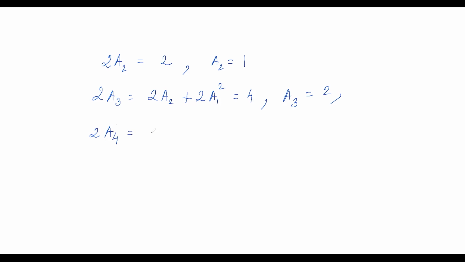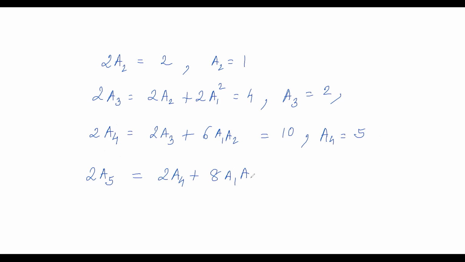So 2a4 will be equal to 2a3 plus 6 a1 a2, and that will give you 10, and a4 equals 5. And finally what we wanted, 2a5, is 2a4 plus 8 a1 a3 plus 6 a2 square, which is equal to 32.